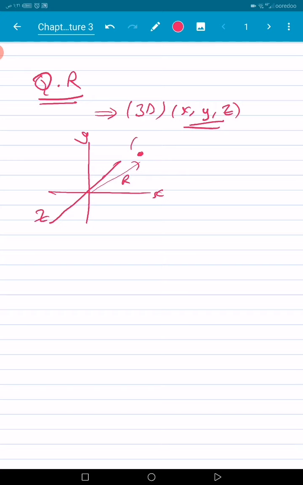After that I describe it in Cartesian coordinates with the points x1, x2, y2, y1, z1. That means the point in the x direction, the point in the y coordinate, and the point in the z coordinate.